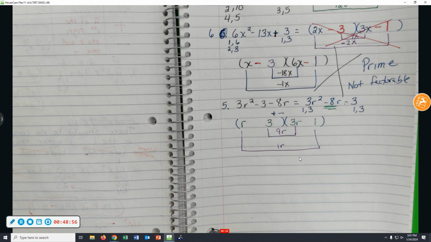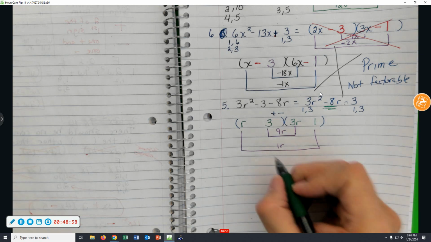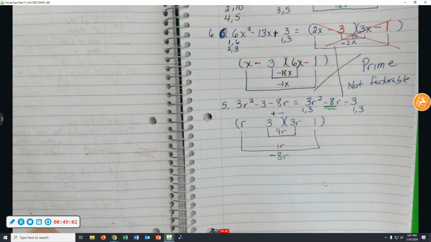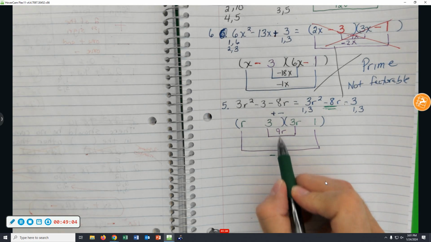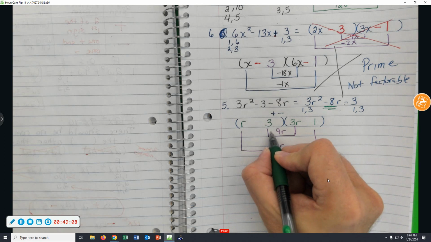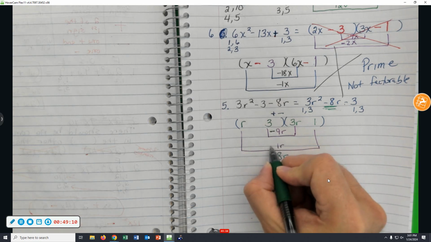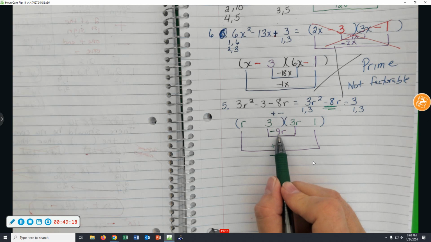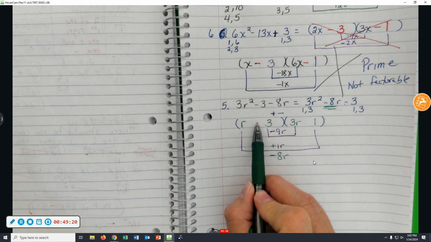So now we have to figure out how to put the signs. We want a negative 8r. The bigger product has to have this sign, so the 9 would need to be negative and the 1 positive. Notice how I'm working backwards, making this work out. So in order to get a negative 9r, what would need to be right here in this first set of parentheses?